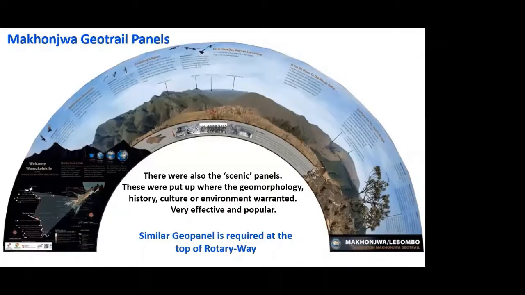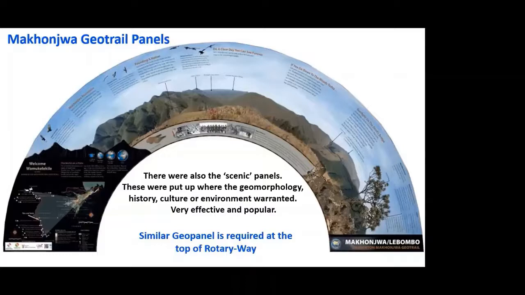And here we introduced a lot of history, a lot of environmental information on the vegetation and the animals and birds around that area, and the history of what had gone on, the mining, particularly up in the Barberton area, but even going further back than that, back into the Boer War and so on and so forth. So these are a very attractive way of getting people involved in what they're looking at.